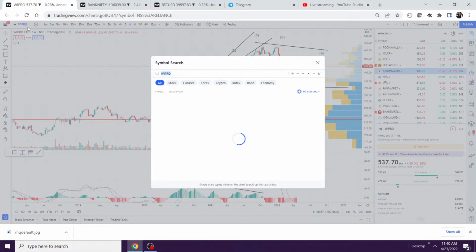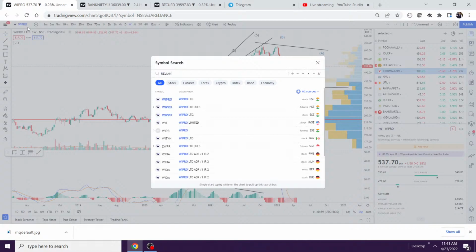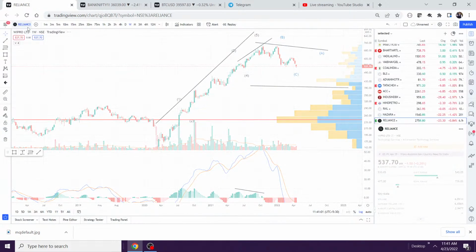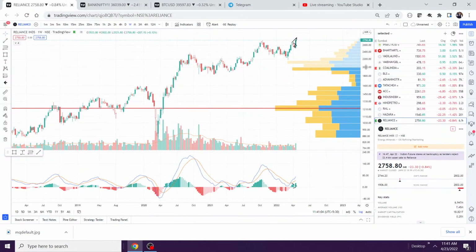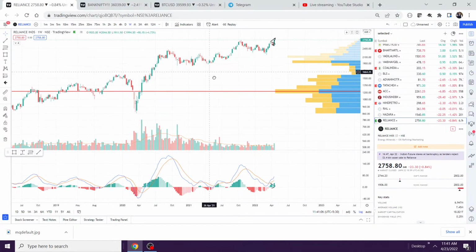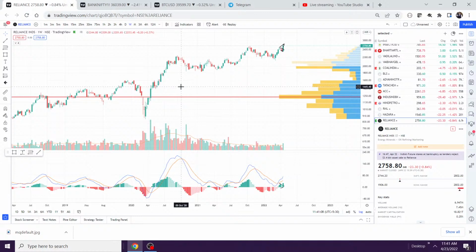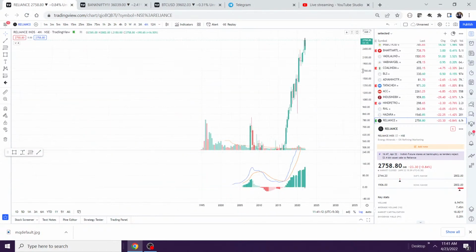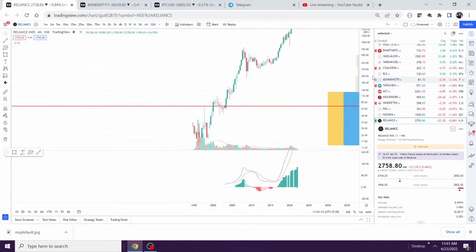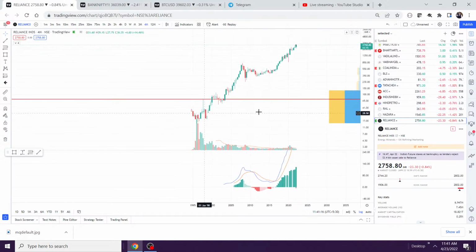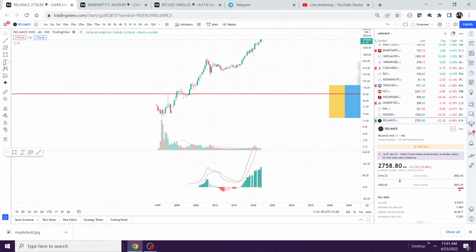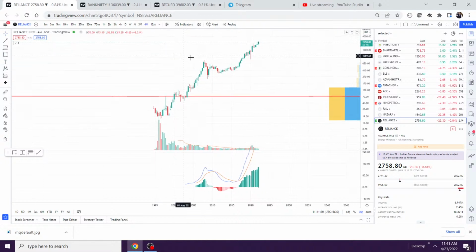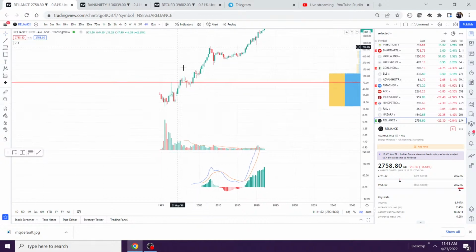Let me show some other examples. This is the chart of Reliance. Let me take you to a higher time interval. So this is the quarterly chart of Reliance, where each candle represents 4 months.